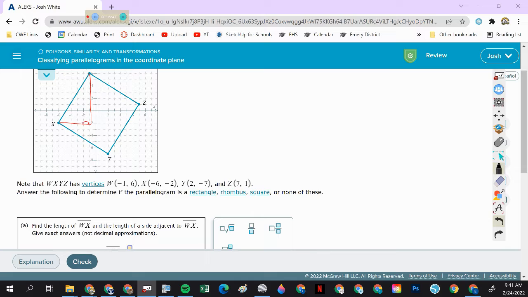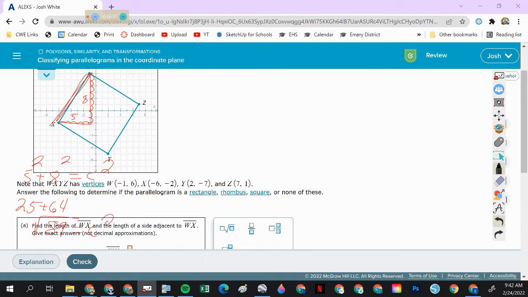This has a length of 1, 2, 3, 4, 5. This has a length of 1, 2, 3, 4, 5, 6, 7, 8. So we do 5 squared plus 8 squared equals c squared, which is 25 plus 64, which is 89. And then we take the square root. So this length is the square root of 89.